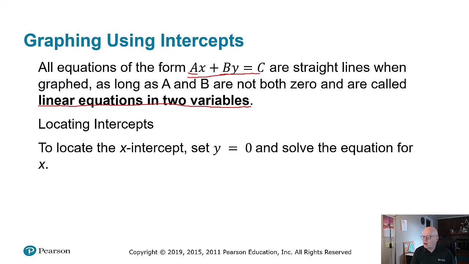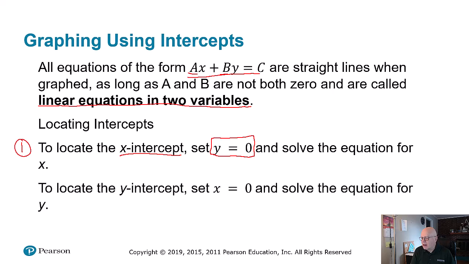So first of all, if you want the x-intercept, now don't get this backwards. If you want the x-intercept, set y equal to 0. X is going to have a different value typically, but the y is 0. Put the 0 in for y, solve for x, and there's your x-intercept.